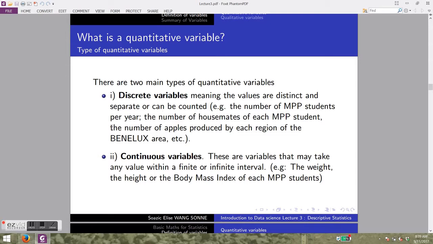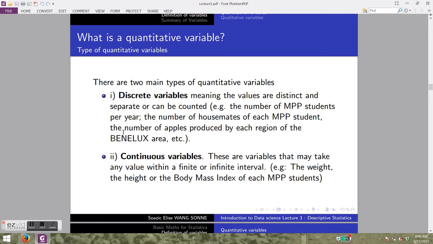And another example, for those who are agricultural lovers: if I want to know the number of apples produced by each region of the Benelux area, as observations, in my rows I will have the total number of regions in the Benelux area, Benelux standing for Belgium, Netherlands and Luxembourg. Say for instance that this area has 100 regions.